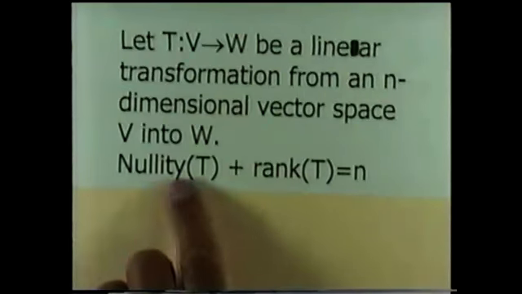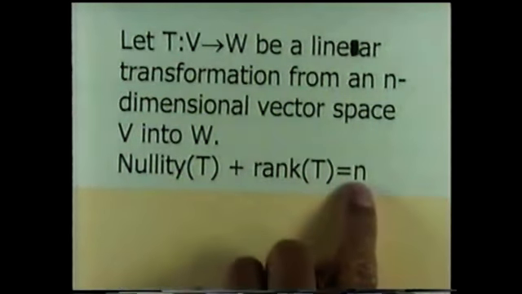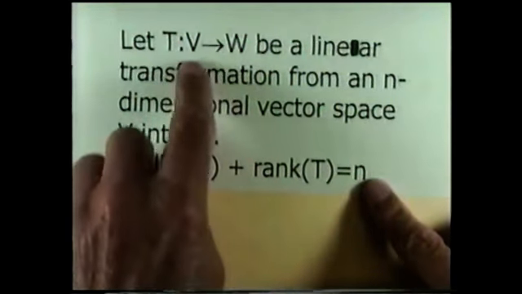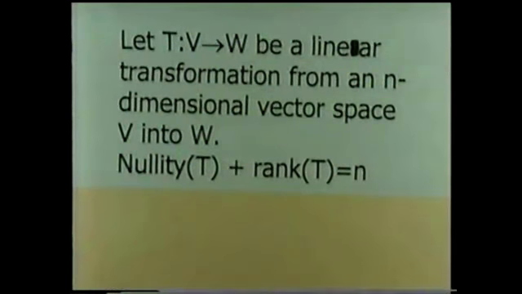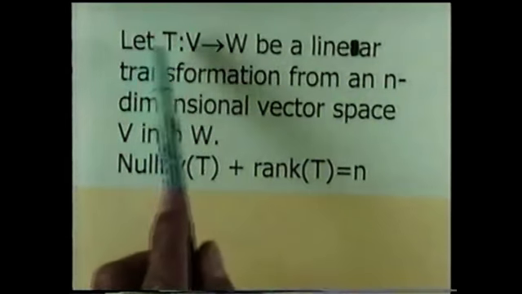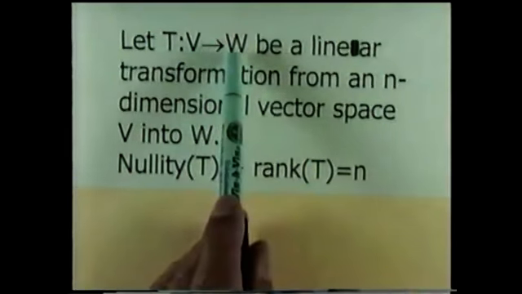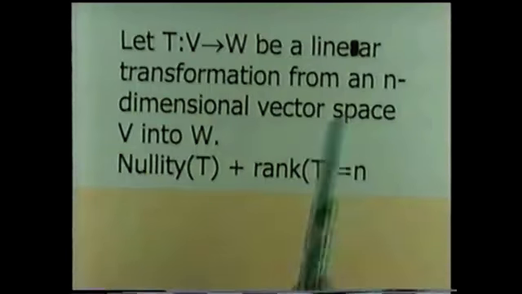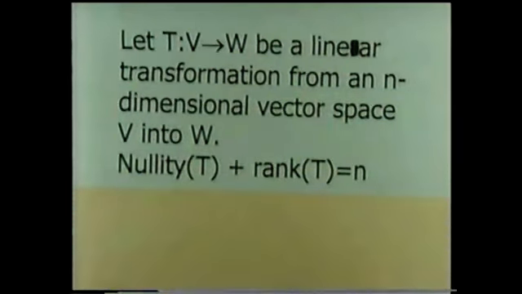It's always true that the nullity of T plus the rank of T will be N, where T is a mapping of Rn into Rm. So let T be a transformation mapping the vector space V into the vector space W, and assume that V is an n-dimensional vector space.